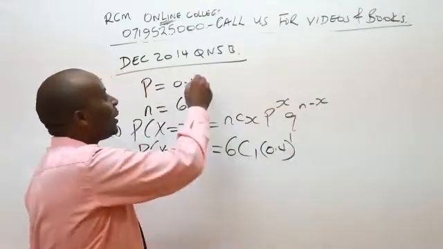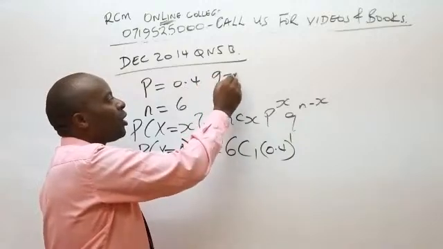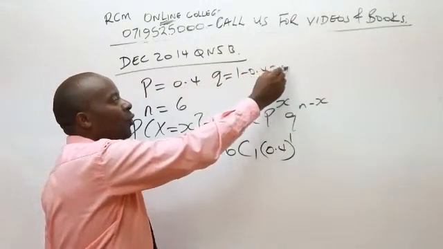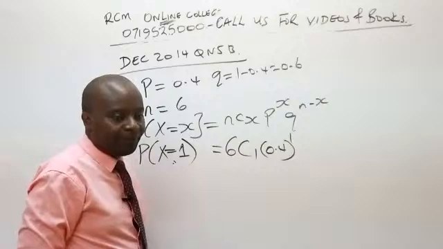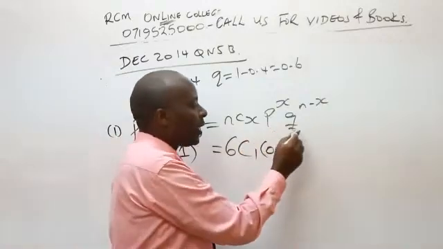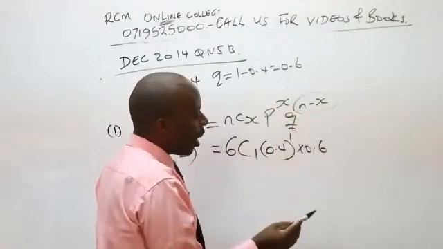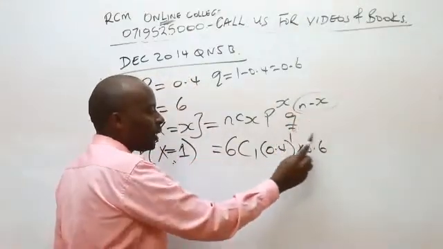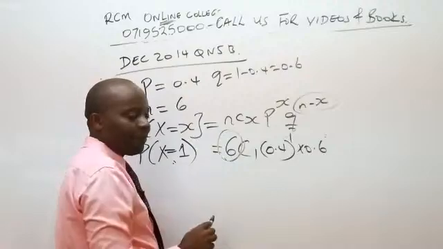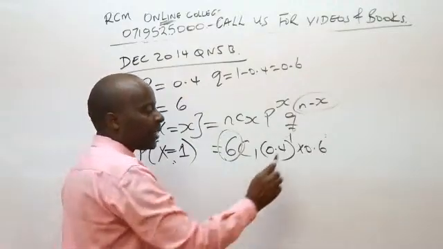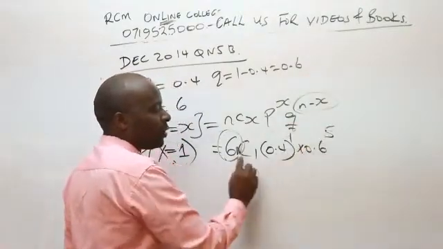Remember that if P is 0.4, then Q will be 1 minus 0.4, which is 0.6, raised to the balancing power. The two powers must always add up to n, so the balancing power here will be 5. 1 plus 5 is 6.